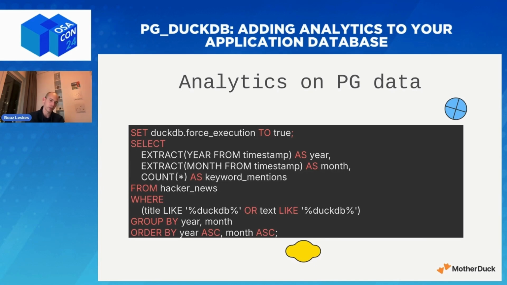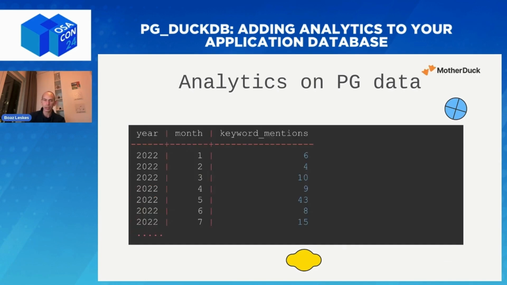First, because you refer to a Postgres table, pg_duckdb will not execute this query using DuckDB by default. So that's the first command. And then you just write it, and as you'd expect, this is the answer you'll get, trimmed to the first few rows. So nothing special here other than the fact that it was executed through DuckDB, and we'll see later an example of how much that can matter.